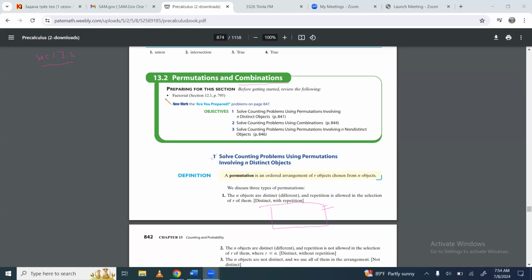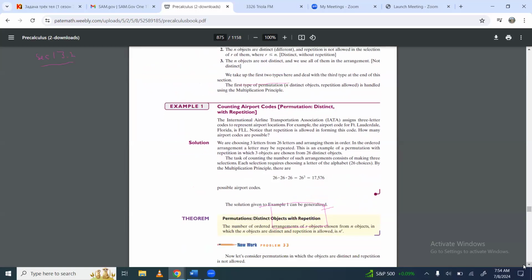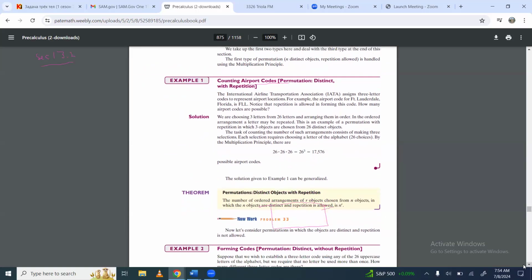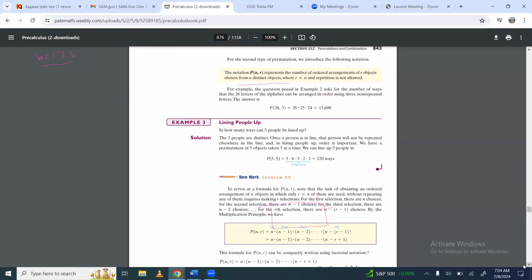So what are those permutations and combinations? Well, first of all, there is a special symbol that they are utilizing that we already worked with, called factorial. So they like to use that symbol here. So I want to take a look at that.